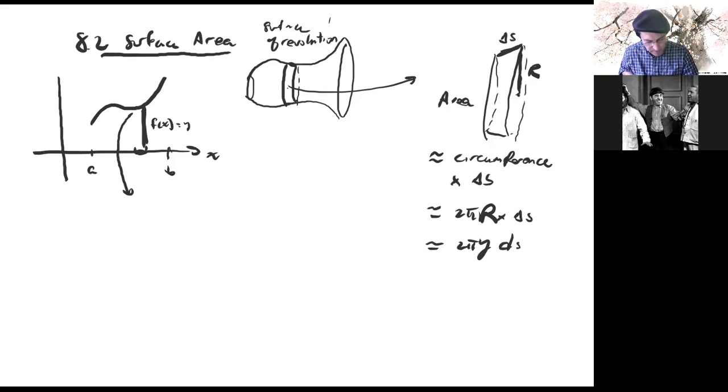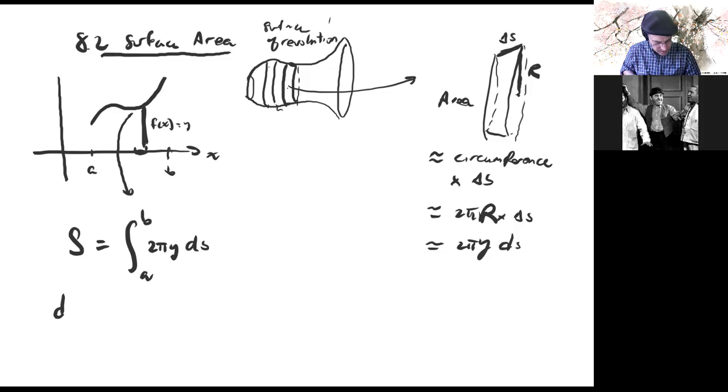And now we're going to be summing up over all such little pieces of surface to get the actual surface area, and we're taking a limit as delta S gets small. And so this suggests the answer that the surface area is given by the integral from A to B of 2 pi y ds.